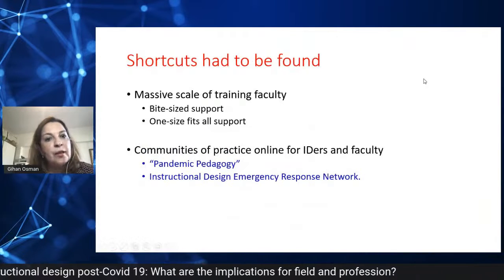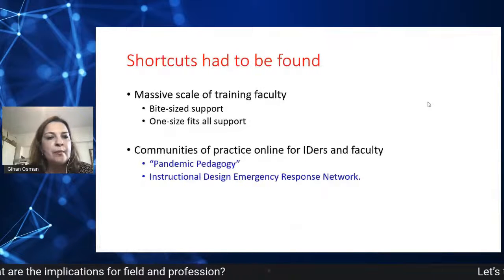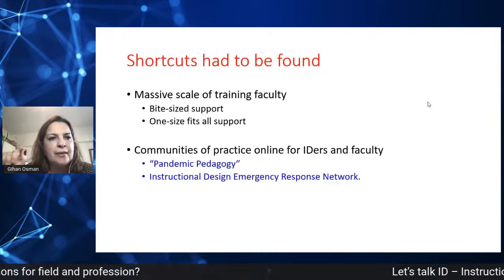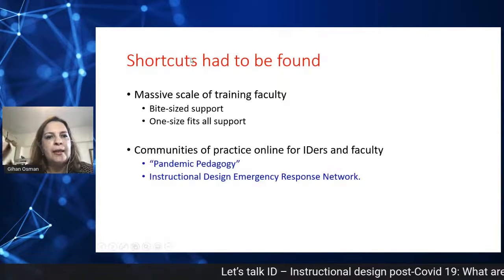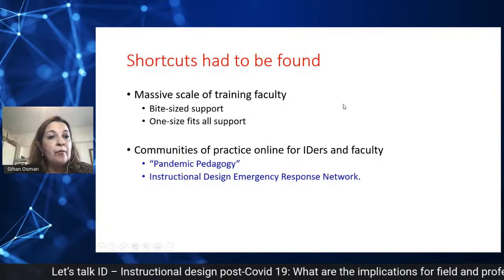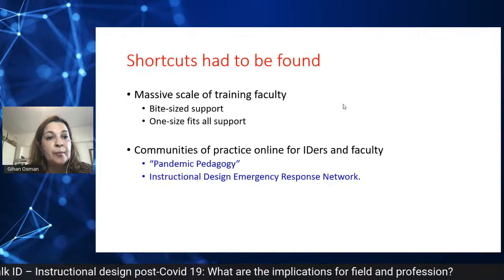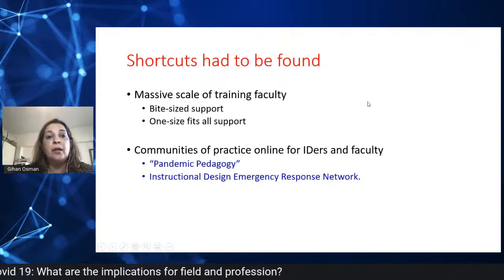And so solutions had to be found. People started thinking of just-in-time support or small bite-sized micro-learning experiences so that all these faculty can find the support they need. Originally, people thought of one-size-fits-all training and support. That didn't work so well, and so alternatives had to be found.